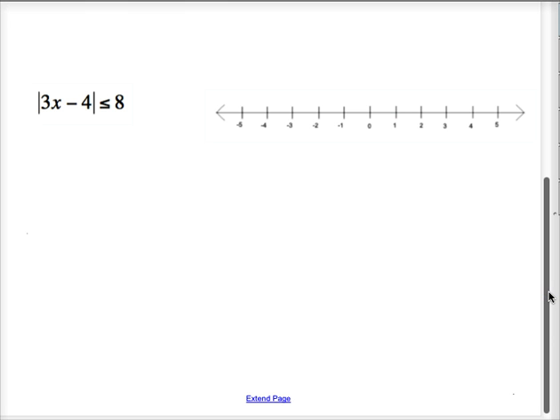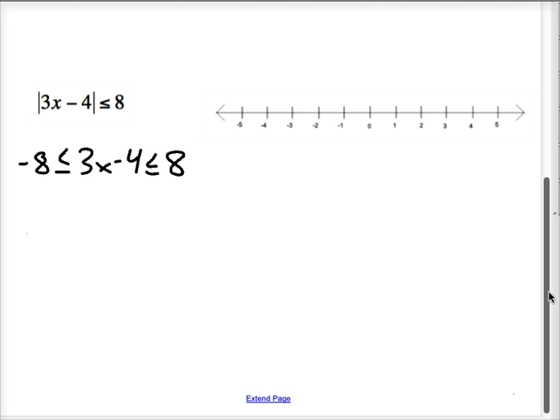Let's try this next one. Again, less than, and in this case, less than or equal to, but it's going to be the same thing because it's less than. It is restricted in between the negative value of that number and the positive value of that number. I'm bounded inside.